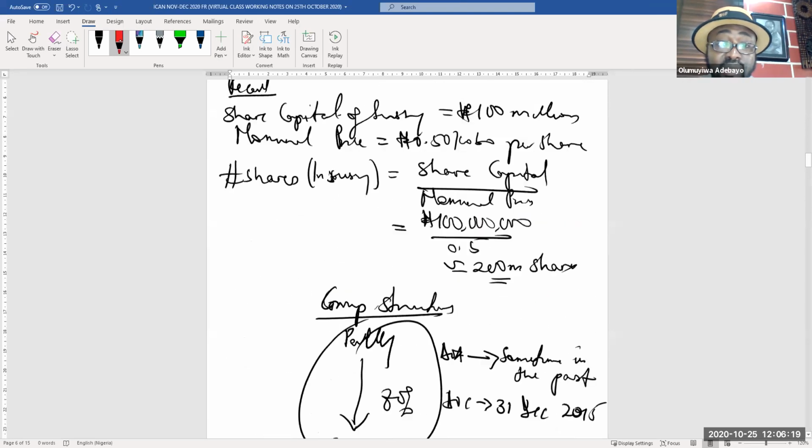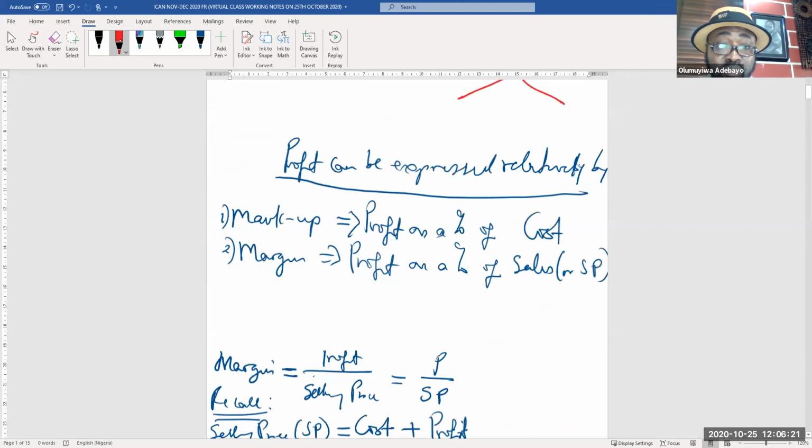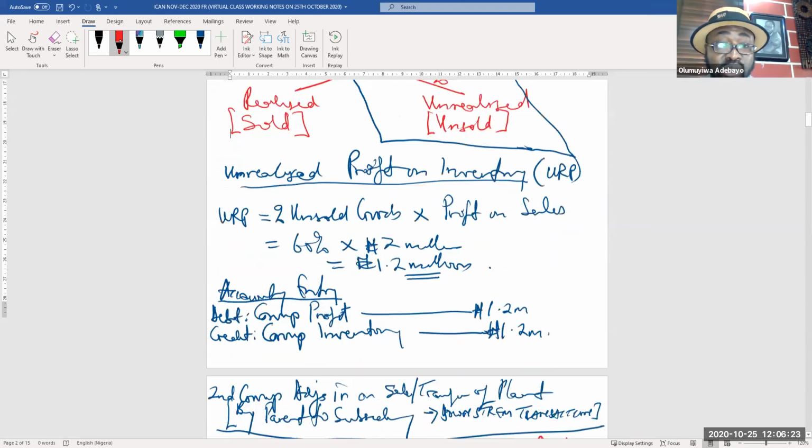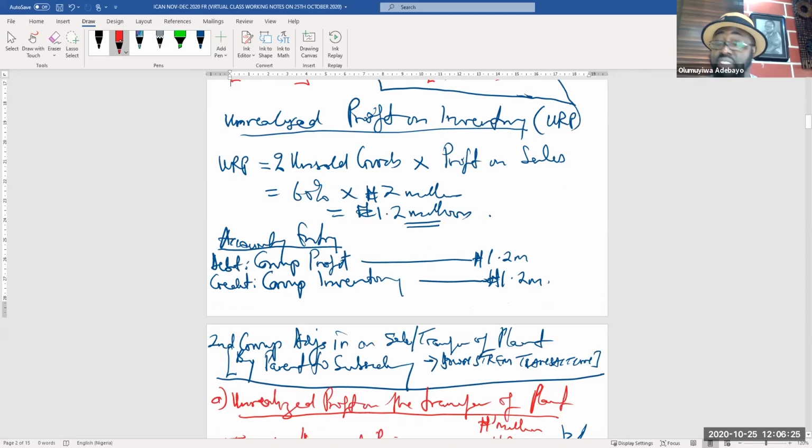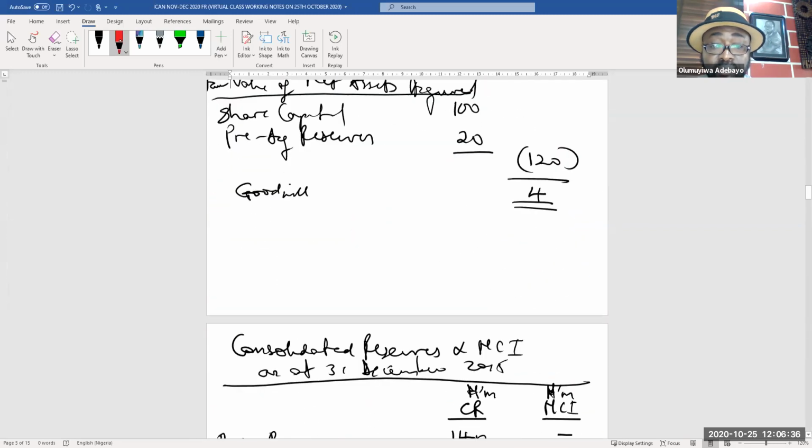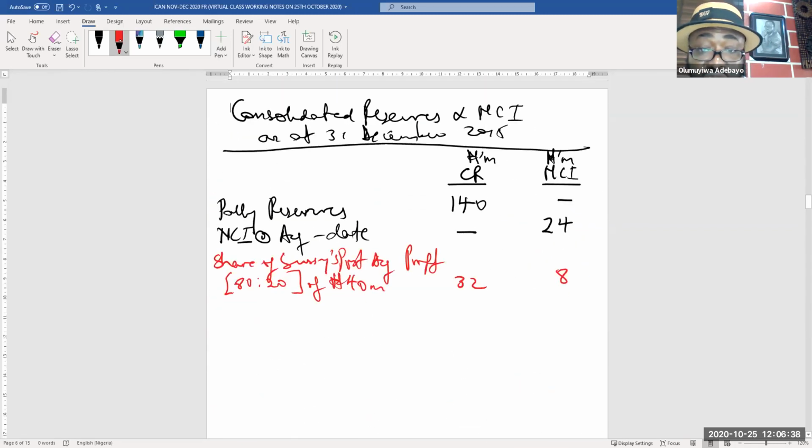Now, what are the adjustments we have? Remember, if you don't pass the entry, you won't be able to recall. This is where the problem comes in the exam. You might forget what to put there. Remember, I said I should reduce my profit by 1.2. Group profit, I quickly come here. I'm to reduce group profit by 1.2. It doesn't affect NCI in this case because of unrealized profit on inventory.